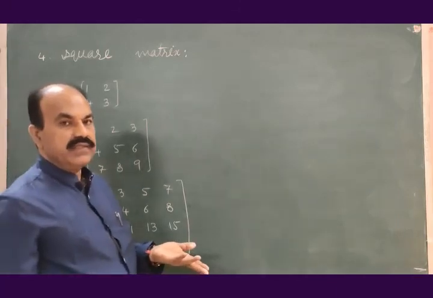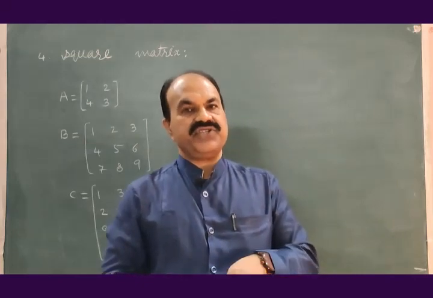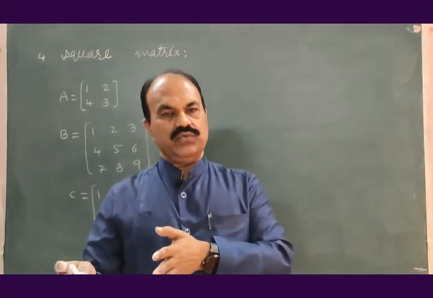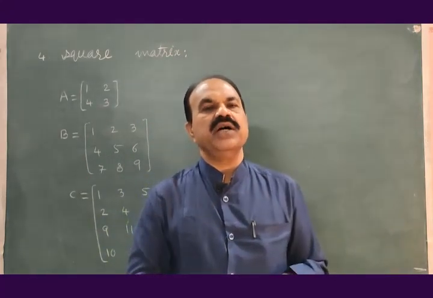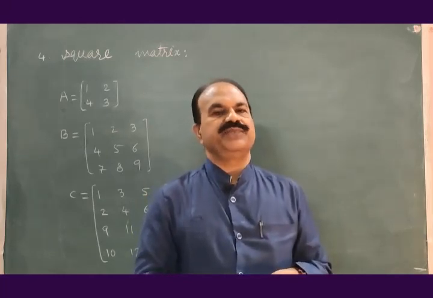So these are the examples of a square matrix. Many more types are left.